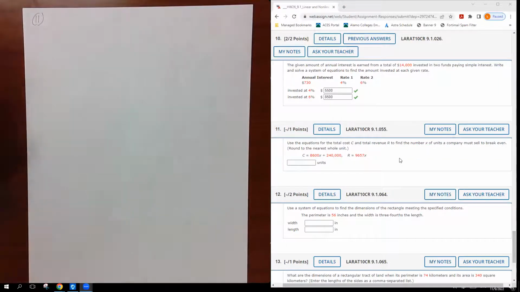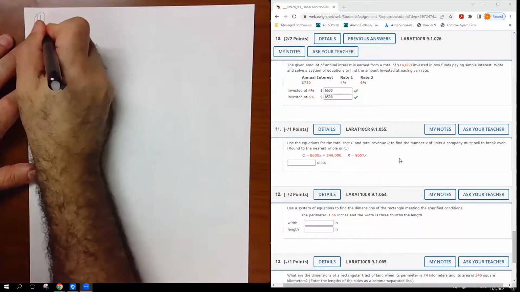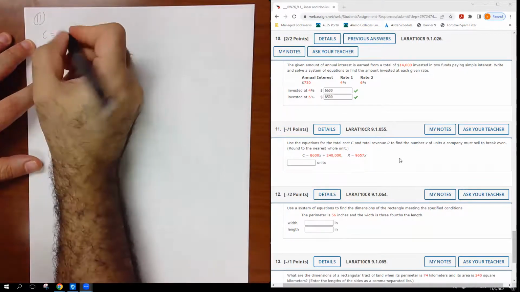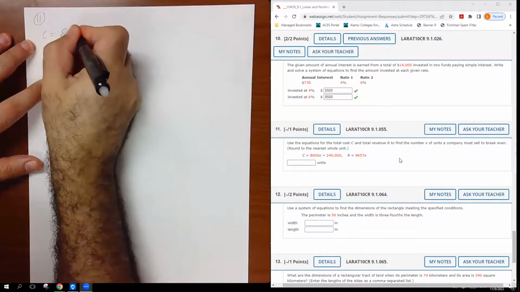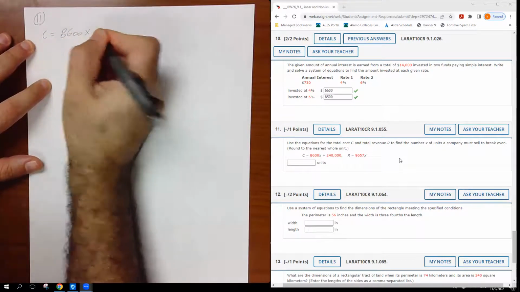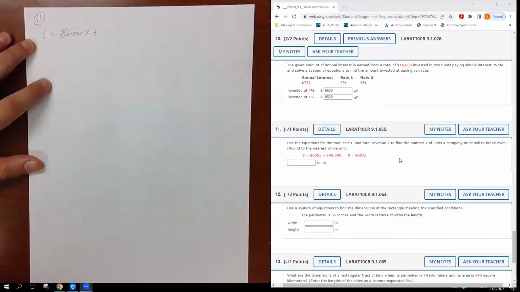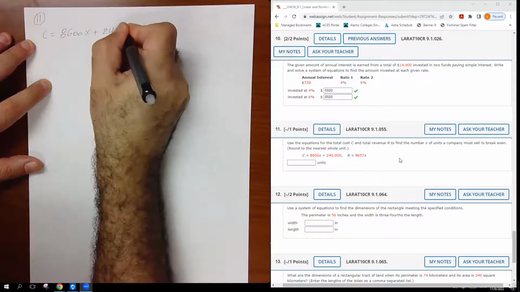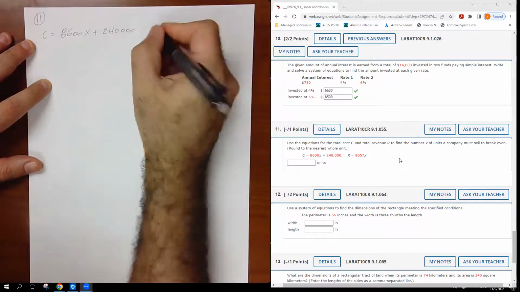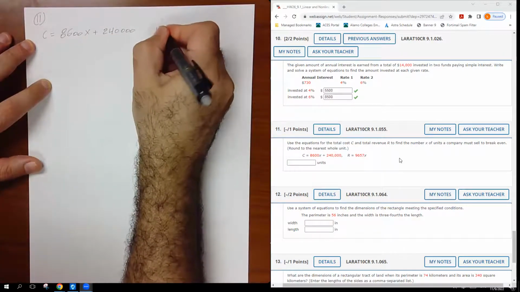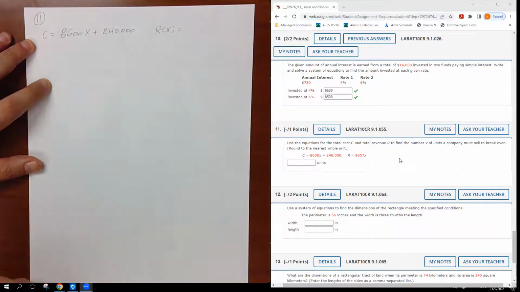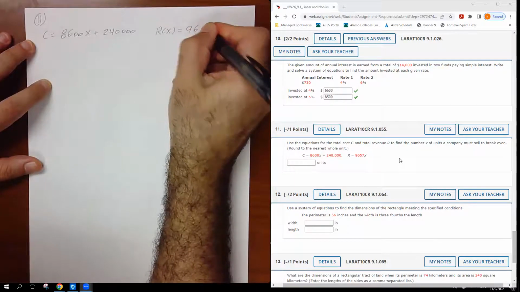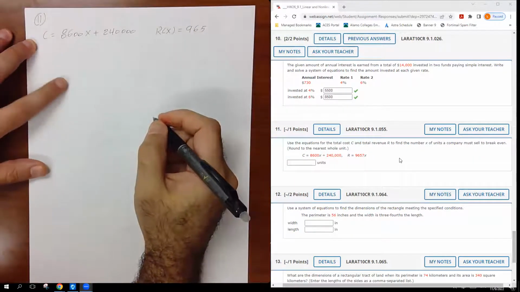We have the cost, which is C equal 8600 plus 240. This is the cost, and our revenue with X is going to be 9657.